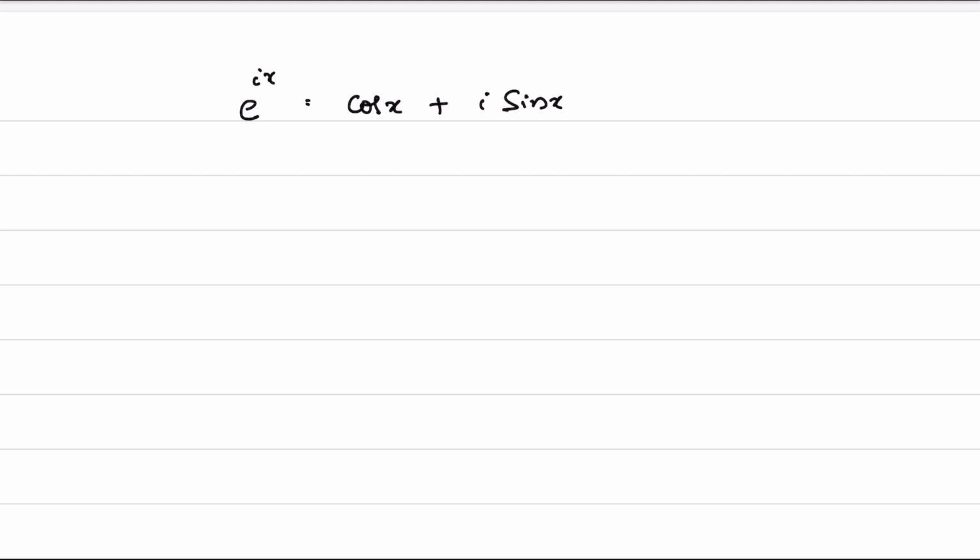Now, e to the power of i into 2 pi k by n, where i is iota, is in the form of e to the power of ix, where x is equal to 2 pi k by n.